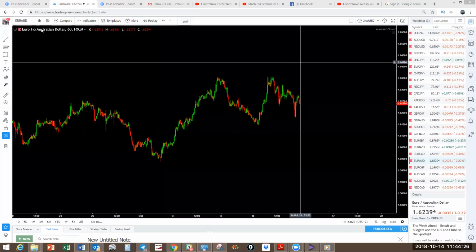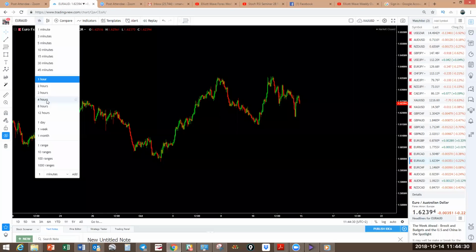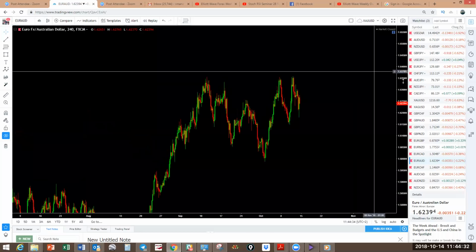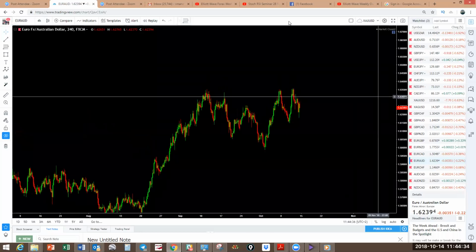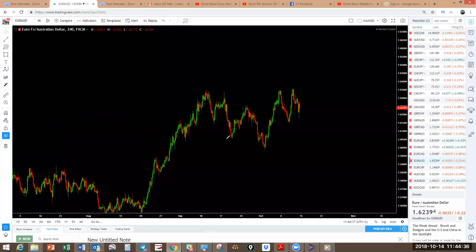Let's look at the 4 hour. That's where we can see the structure properly. So this whole thing here, we've made this 1, 2, 3. We've traded this one from when this structure completed. That's where the setup happened. Okay, so now this could be another flat correction like that.